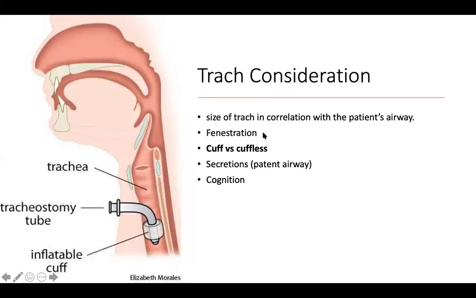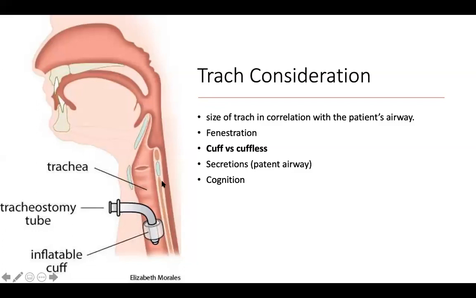And fenestration comes into play over here, that if the trach was not too small and does not have enough air escaping around it, if the trach has a hole in here, then it will allow the air to escape freely. I guess it will just give more room for the air to escape to the upper airway.